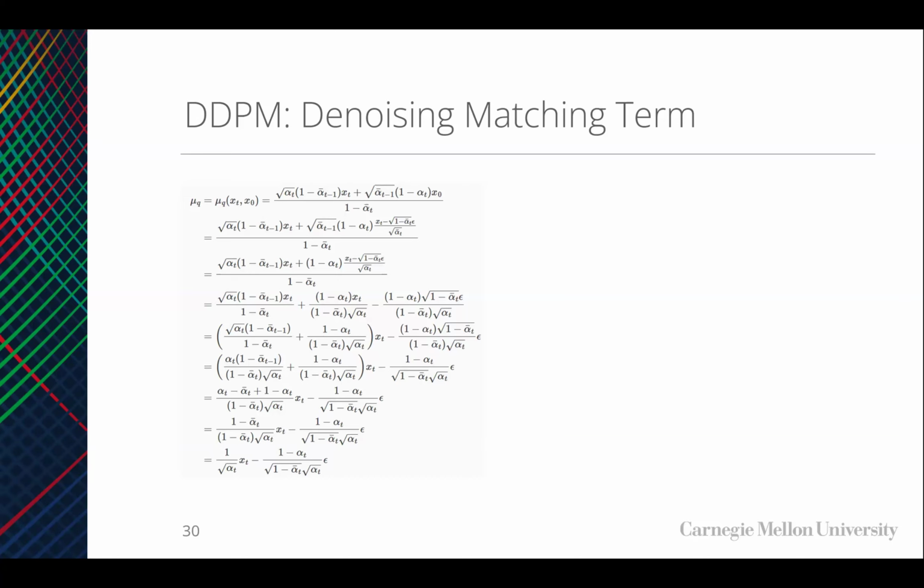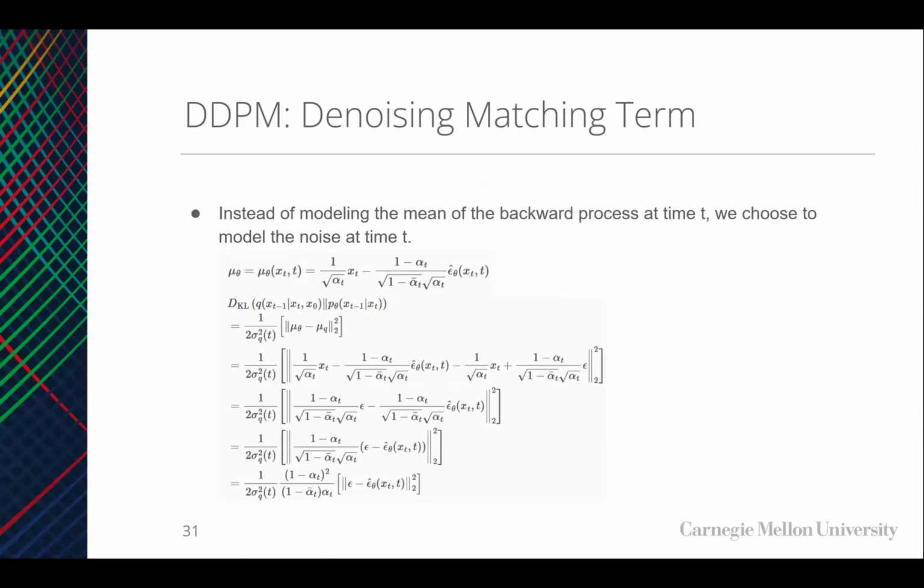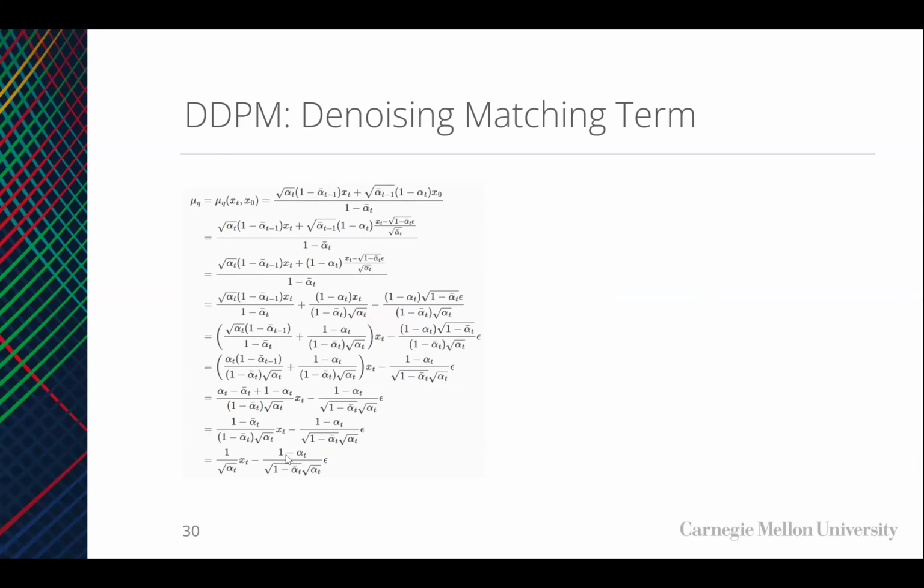Epsilon is what you sample from the standard normal Gaussian to calculate xt, because you can calculate it in one step. Which means that if you choose to model not the mean of the denoising step, but the noise term here, because the first term is not involving any trainable parameters.